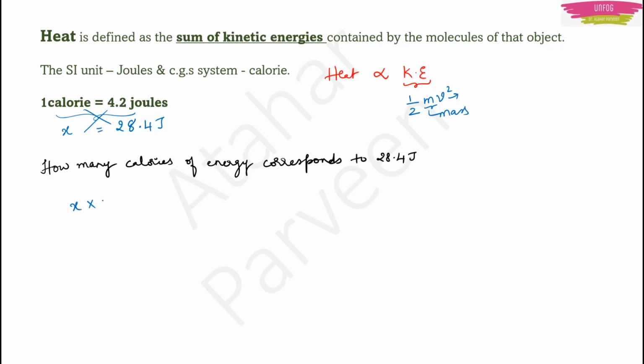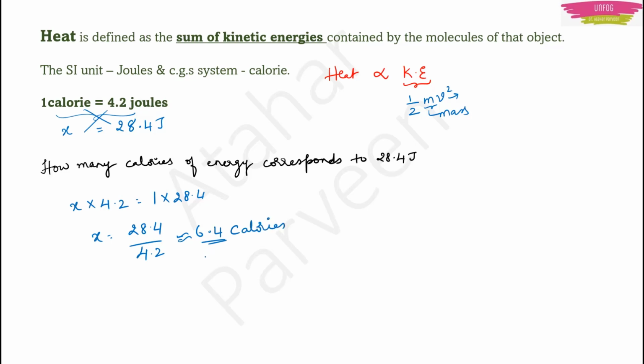X into 4.2 will be equal to 1 into 28.4, or X will be equal to 28.4 upon 4.2. Now if you cancel this number, you will get around 6.4. So this is 6.4 calories. Okay, this is how you can convert.